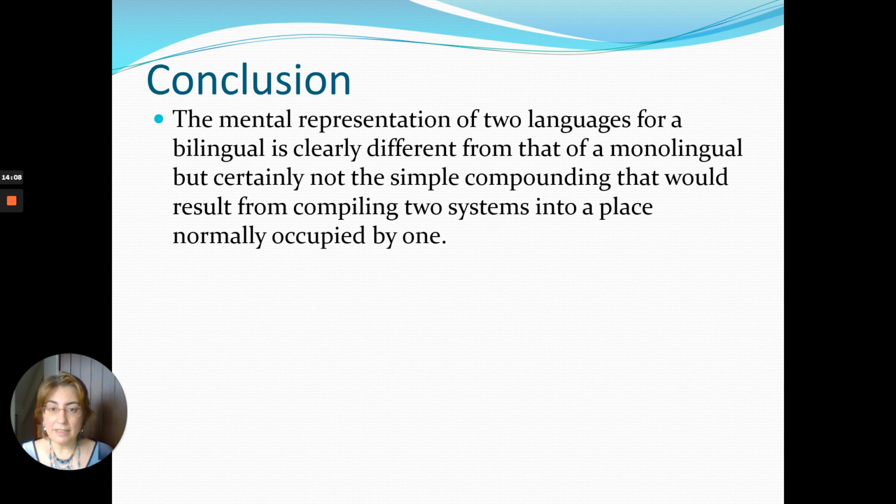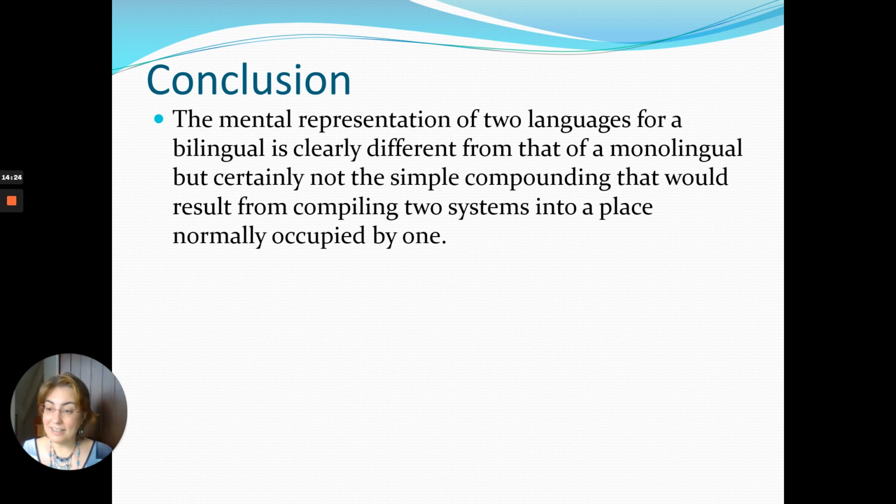But that does not mean that bilinguals are a simple compounding that would result from compiling two systems into a place normally occupied by one. So this is again this idea that bilinguals might not be the sum of two monolinguals.